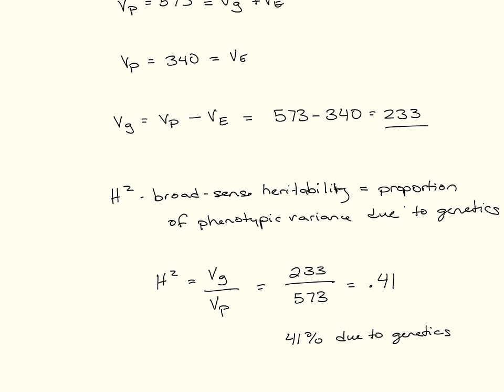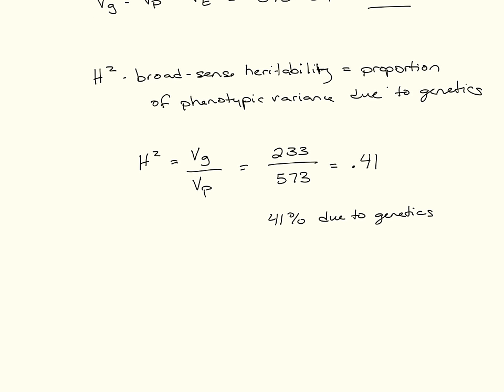So broad sense heritability is a very useful term in order to talk about genetics versus environmental influences. And the values for H2 range from 0 to 1, because it's talking about a proportion.